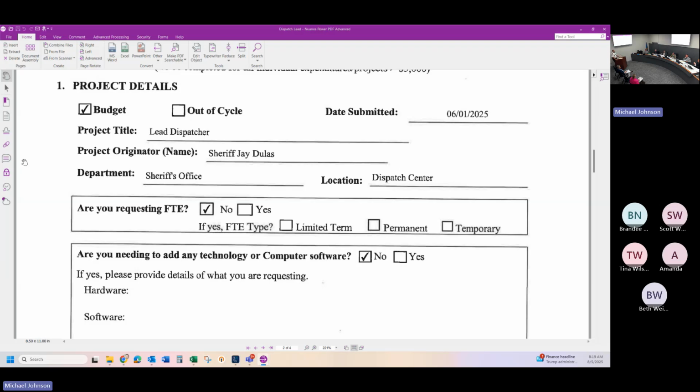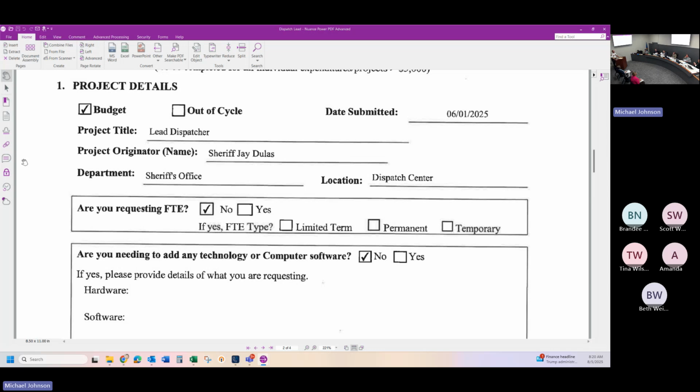If you look at the packet I handed you at some point, there's a list of the regions' dispatchers. Brandy Nelson was able to pull together some data that shows Waseca County is the only county in our region that doesn't have a lead supervisor or administrator in dispatch, however you want to title that position.